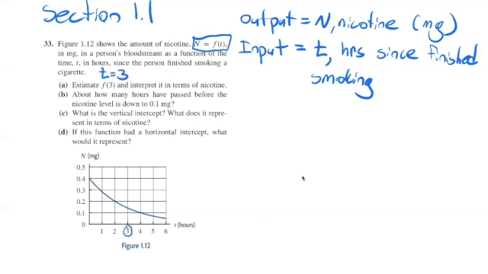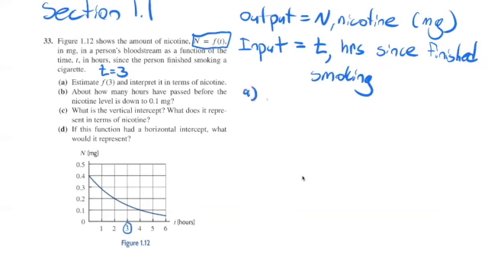So f of 3 would be the output when t is equal to 3. I come up to the graph, look at the point on the graph when the input value t is equal to 3, and then try to approximate the corresponding output value.